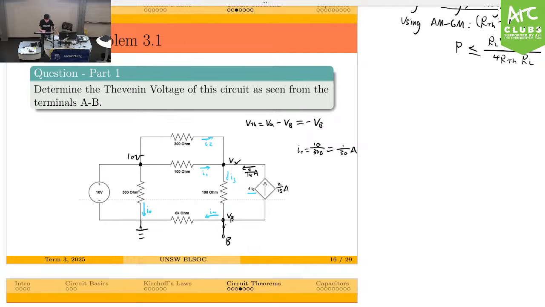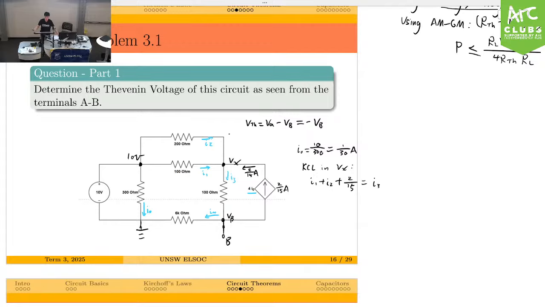The easiest two nodes to do are Vx and Vb. So let us do nodal analysis at Vx first. KCL at Vx: we have I1 plus I2 plus 2/15 equals I3. Why? Because I3 is the only current leaving the node, while I1, I2, and 2/15 are entering the node.